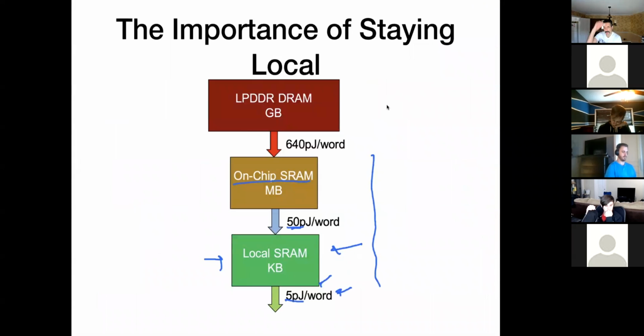And if you go higher and higher, obviously you know that you get larger memory size. This becomes expensive, and if you go to your DRAM, external memory, this becomes very, very expensive in terms of the energy consumption that you need to pay.